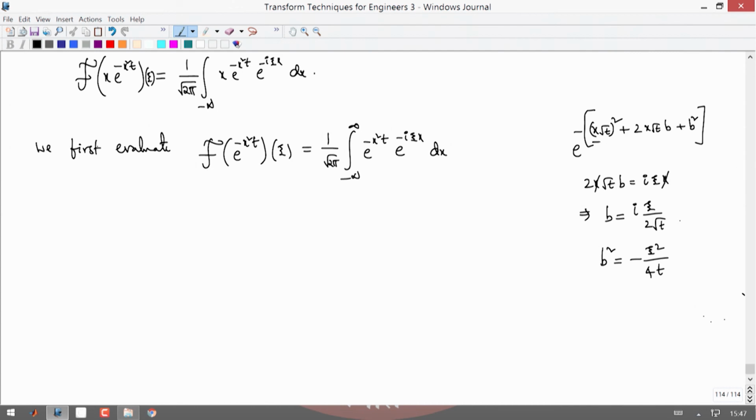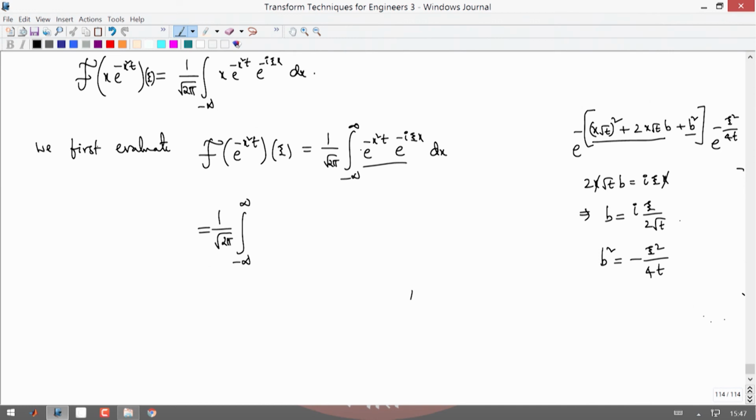And this quantity is actually what you have here. So, this additional thing you have to multiply, e power b square, that is minus b square. So, you have plus b square. So, this is going to be minus xi square by 4t. Okay. So, let me write that. You have 1 by root 2 pi, integral from minus infinity to infinity.